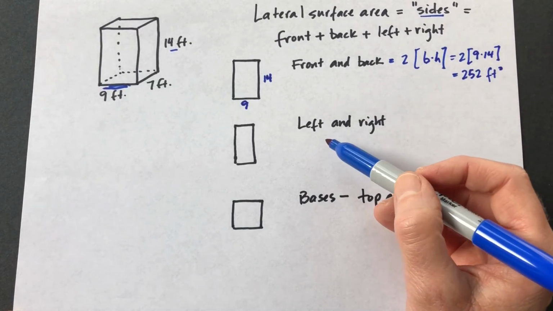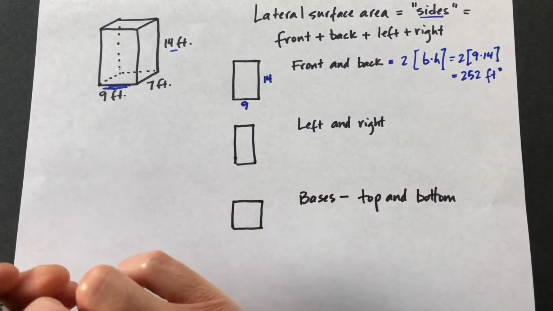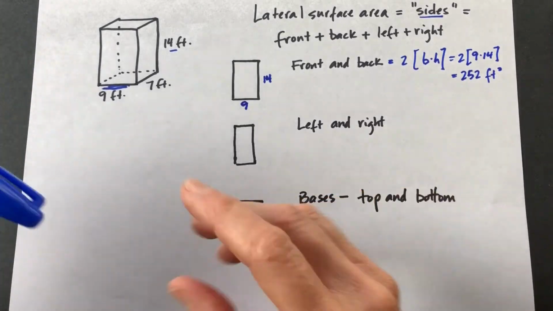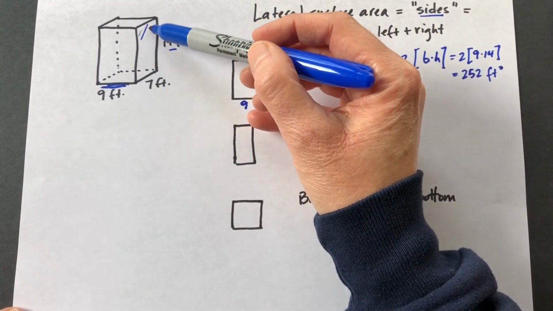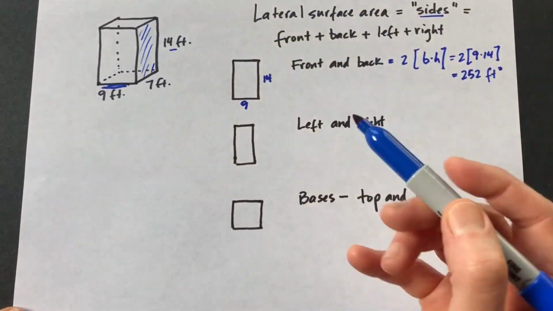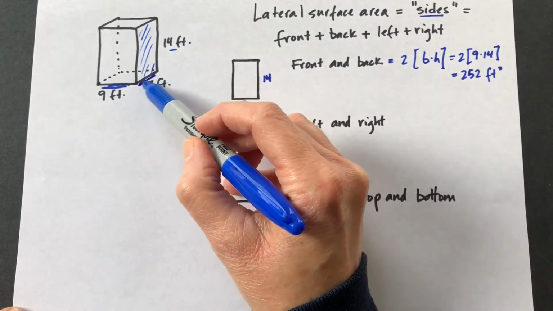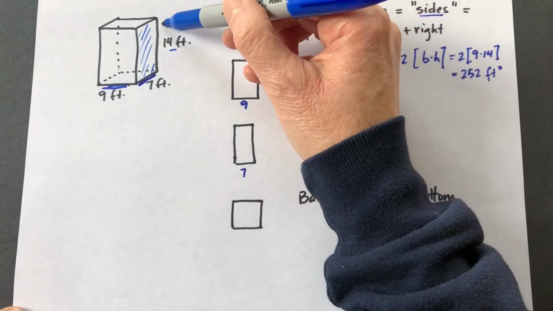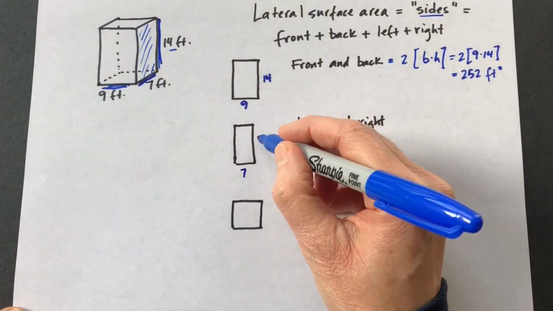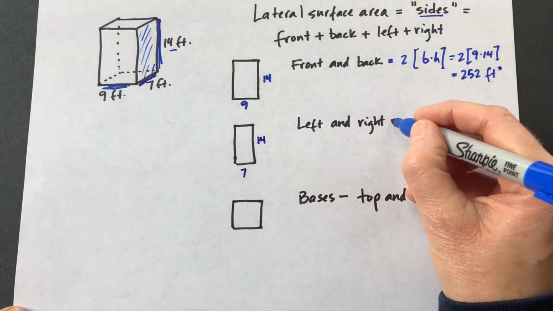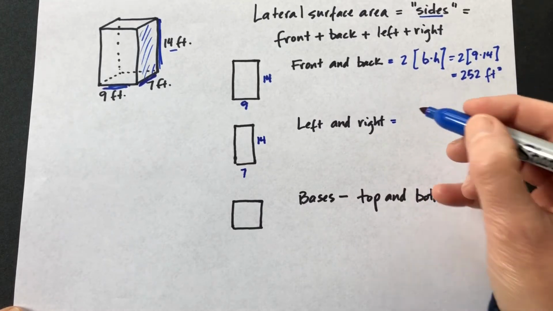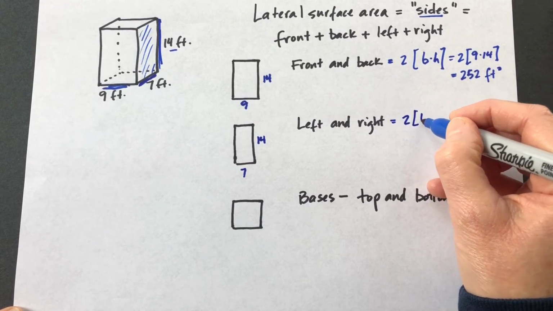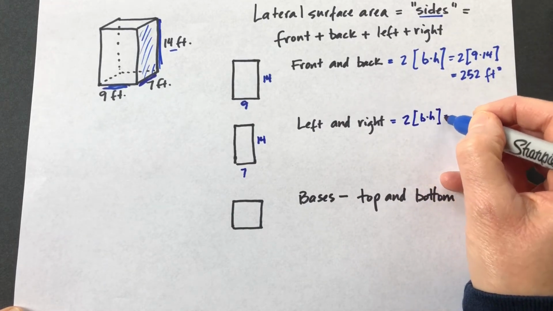So now if we think about the left, looking from the left, and the right face, this is your right face here. We've got a base dimension of 7. The height, once again, is 14. And again, there's the left and the right, so we have to account for both of those.